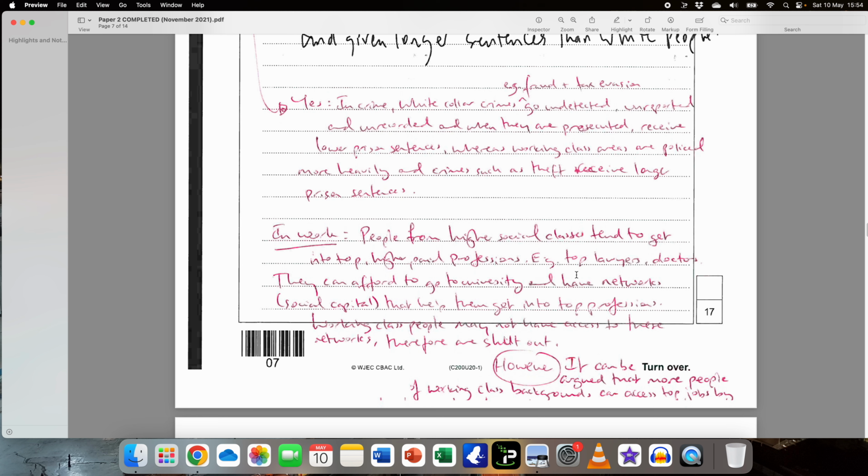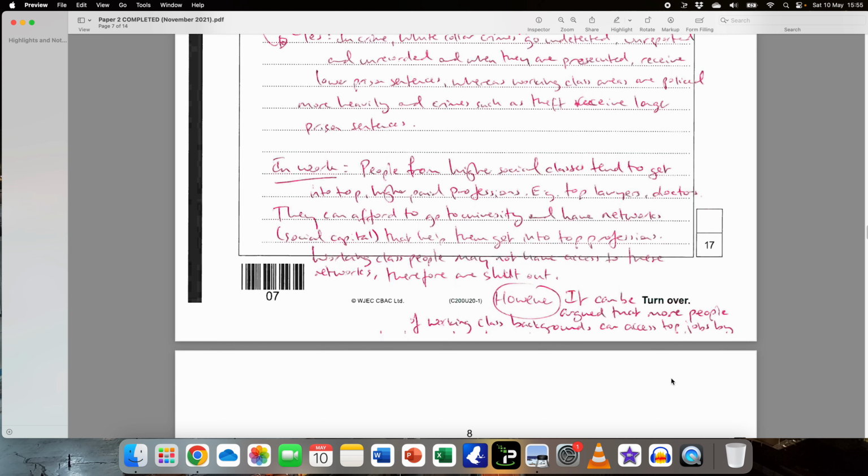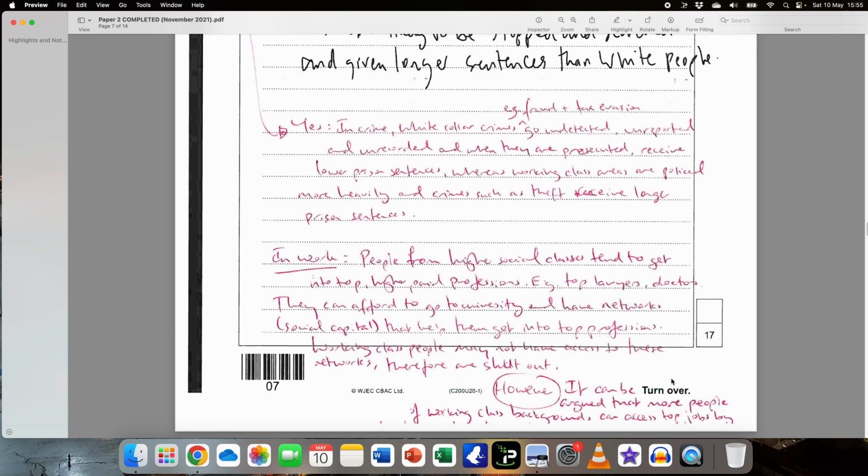They know people, they have networks, we call that social capital, that helps them get into the top professions for work experience. Working class people may not have access to these networks. They might not be able to afford university. Therefore, they are shut out of the top jobs. However, it can be argued that more people of working class backgrounds can access top jobs today. Okay? By working hard.